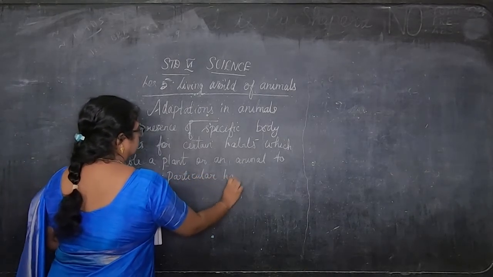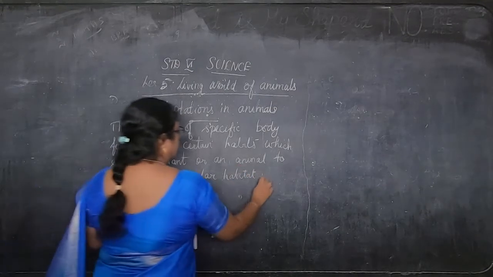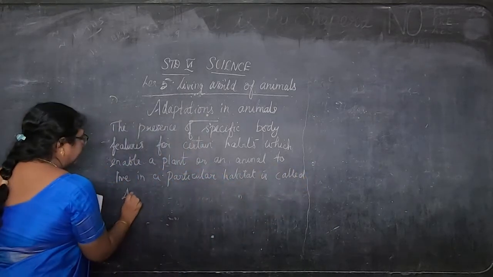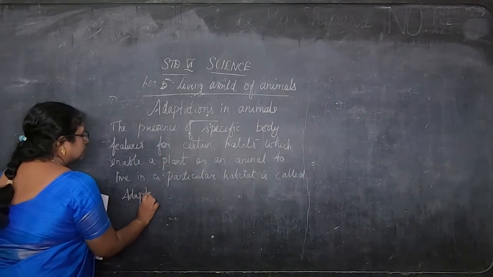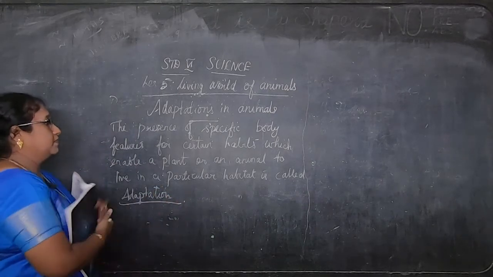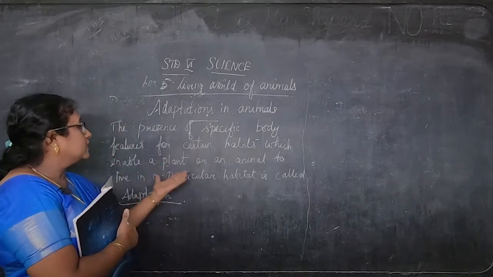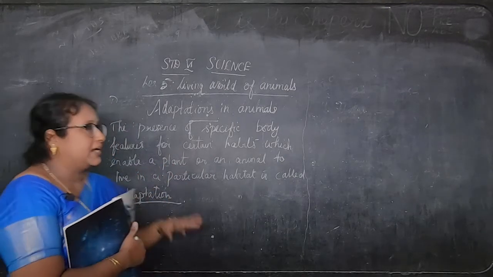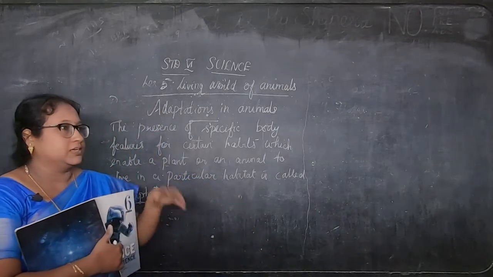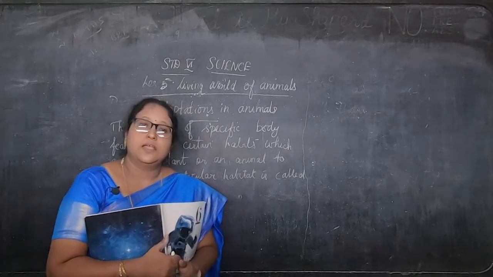Habitat is nothing but the living place or the surroundings. This is called adaptation. Do you understand, children, what is adaptation? So the presence of specific body features for certain habitats which enable a plant or an animal, plant as well as animal, to live in a particular, that is a specific place or habitat, is called adaptation.